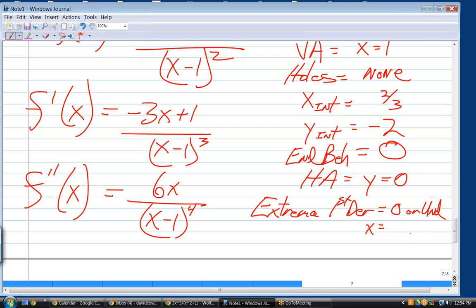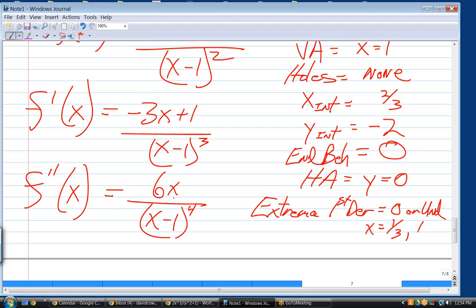So where is it equal to 0? It's where the numerator is equal to 0. And we're talking about the first derivative here. So where's the numerator? Positive 1/3. In other words, when x is positive 1/3, we get minus 1 plus 1. Okay, so it's x equals 1/3, and 1 is where it's undefined.